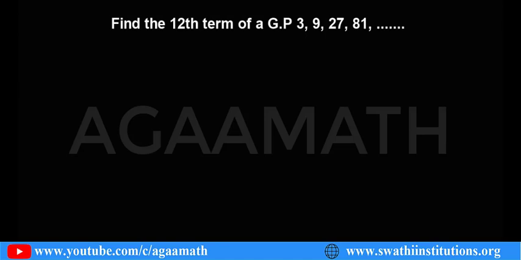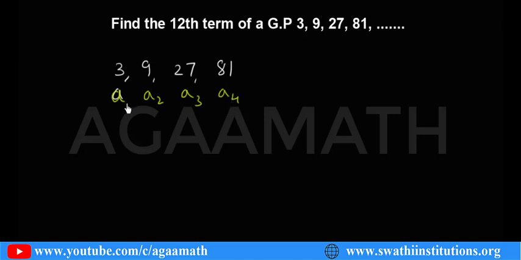Now here is the question. Find the 12th term of the GP 3, 9, 27, 81, and so on. As we knew before, the first term is a, the second term is a2, the third term is a3, and this is a4.